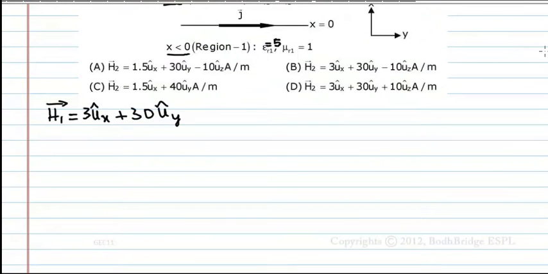Now, what are the boundary conditions? First of all, we'll write the boundary conditions. The tangential components HT1 minus HT2 equal to J. Under some conditions it is equal to J, therefore we write equivalent instead of equal.